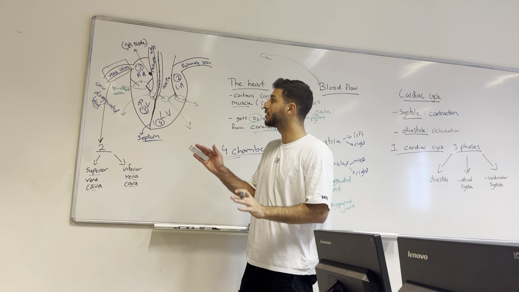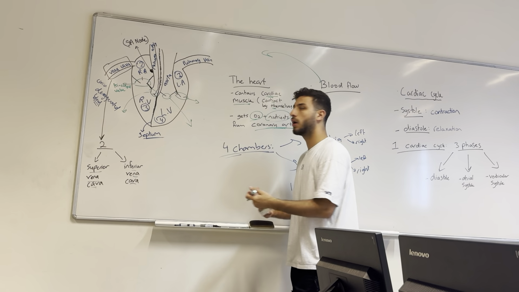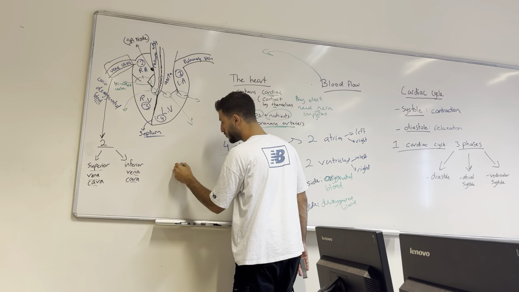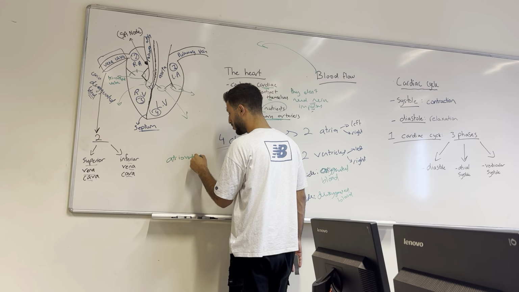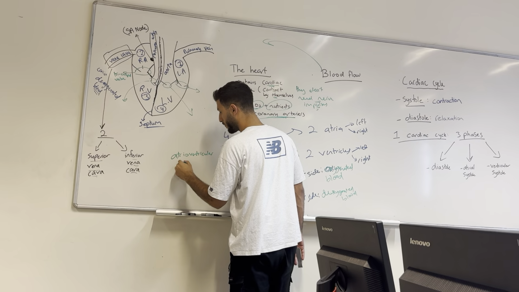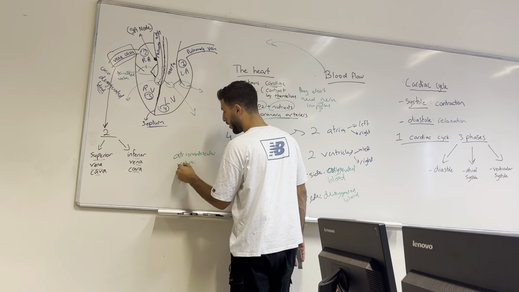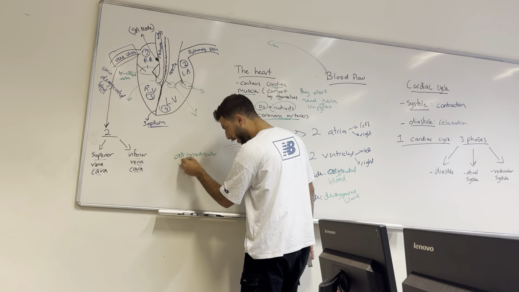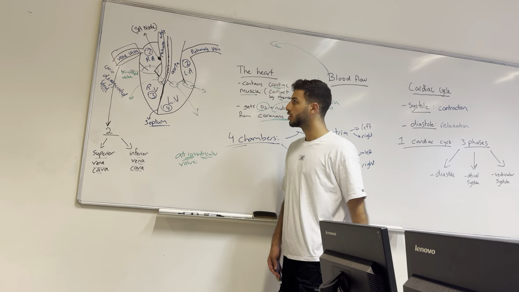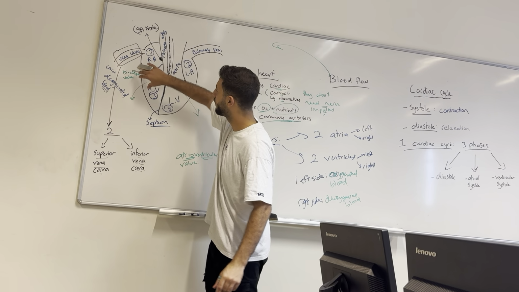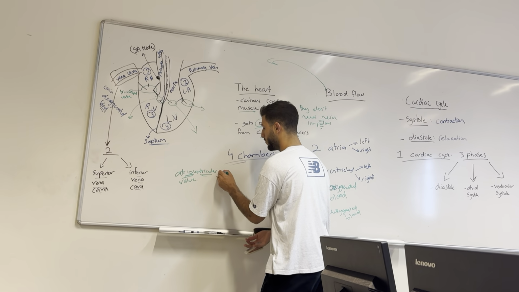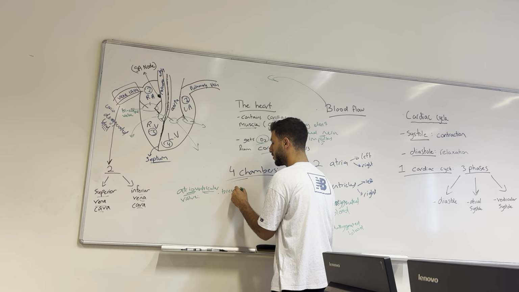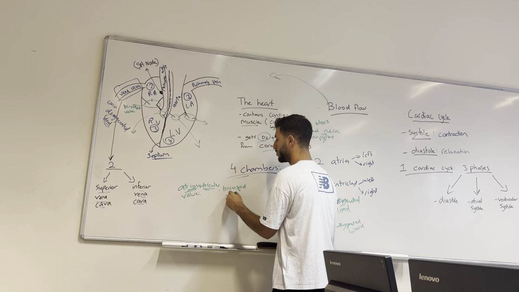Atrioventricular valve. Why atrioventricular? From the name, you guys don't have to memorize it. If I want to split it, atria and ventricle. So it separates the atria from the ventricle. That's why it's called atrioventricular valve. So one of them is the tricuspid valve.